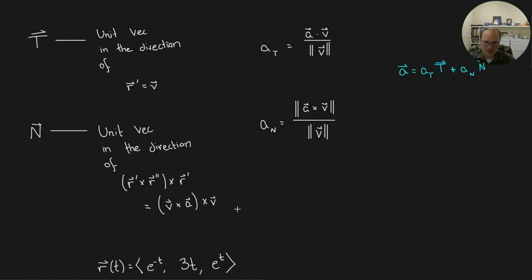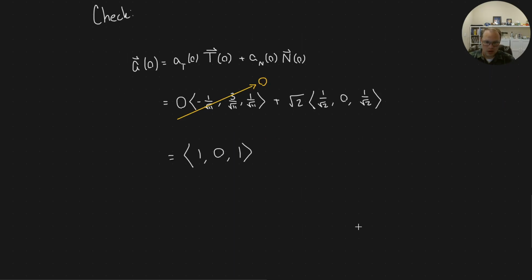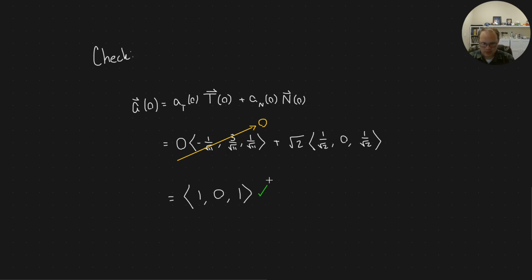Which does match our original calculation for the acceleration at time 0. Our math checks out. We decomposed the acceleration vector at time 0 into how much of it is moving tangent to the curve, and how much of it is moving normal to the curve.